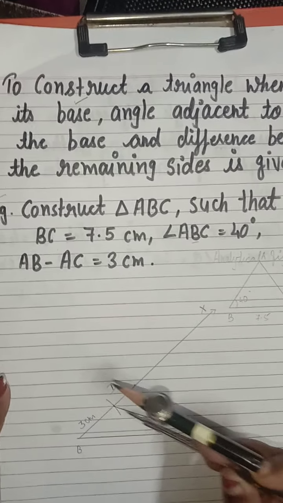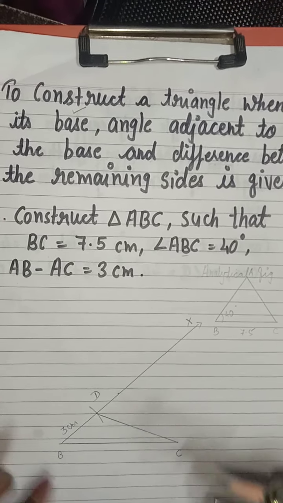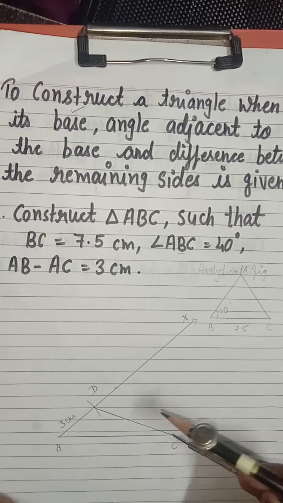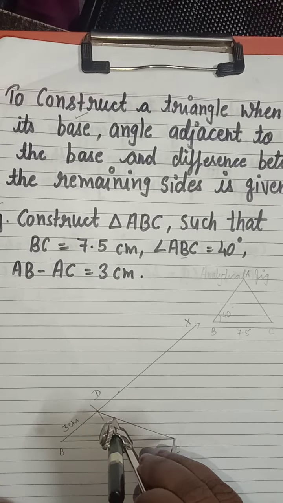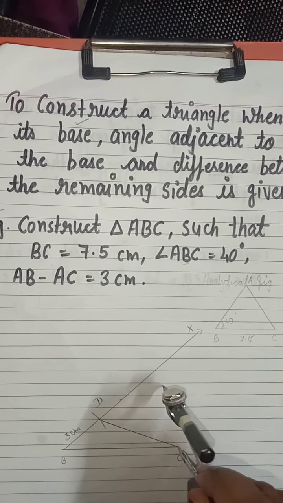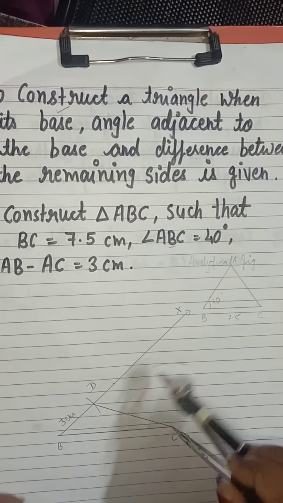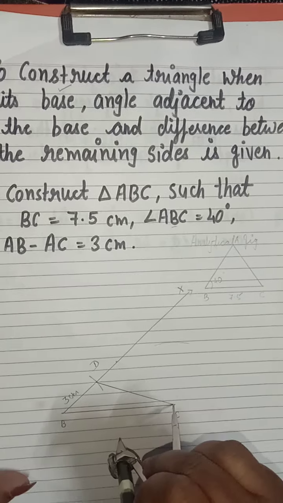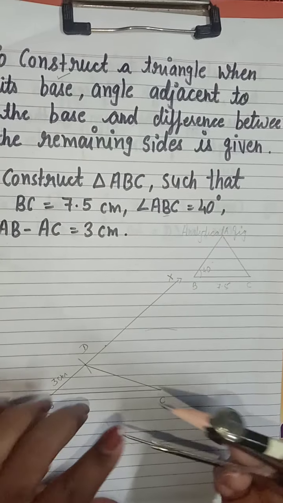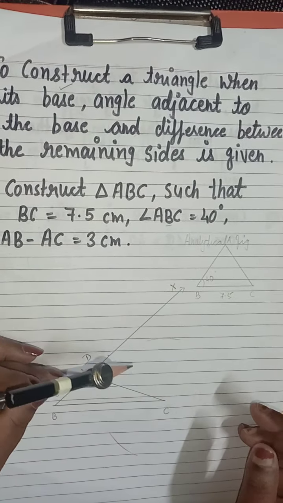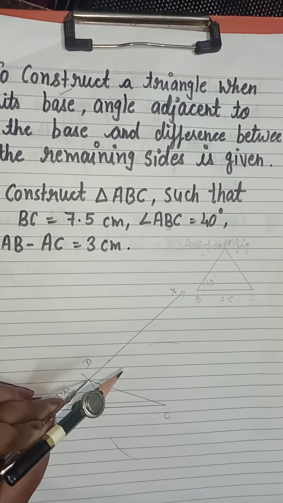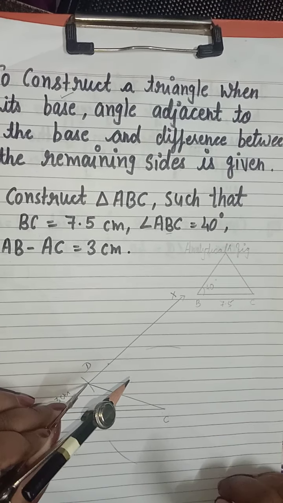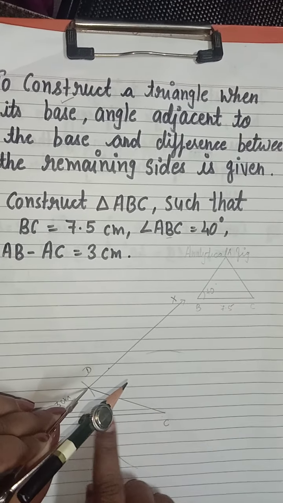So this is the segment CD. I'll keep the steel point of the compass on C, take a radius more than half, and draw an arc here and an arc down. Same distance I'll keep on D, because I am constructing the perpendicular bisector of segment CD.